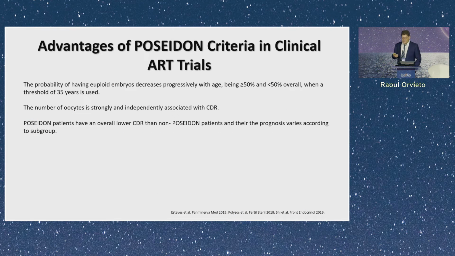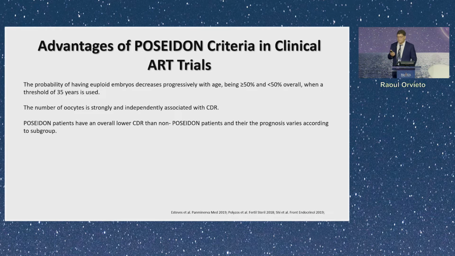So what is the advantage of POSEIDON criteria in clinical trials? We know that the probability of aneuploid embryos increases with age, and there is this 35 years cutoff: above 35 years, there are more than 50% aneuploid embryos, and below, less than 50%. And also the association between the number of oocytes and cumulative delivery rate.